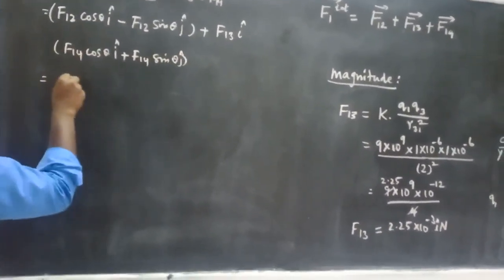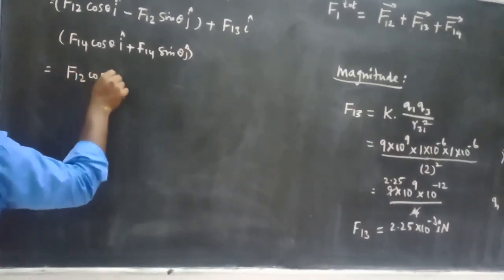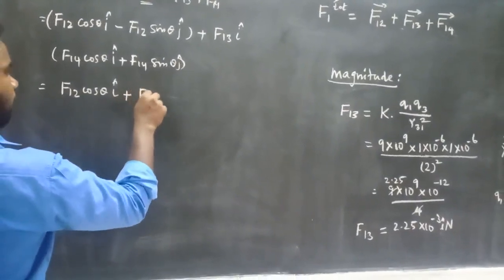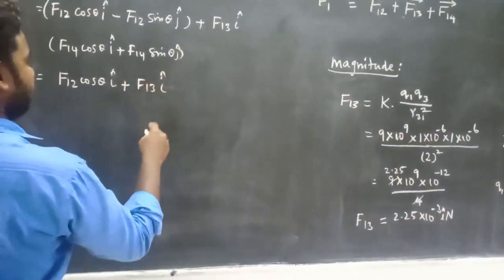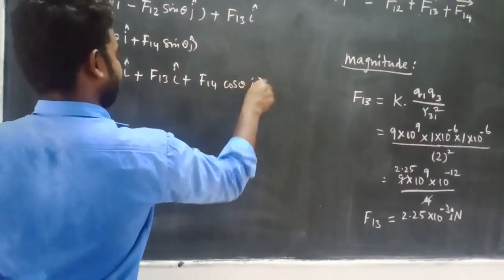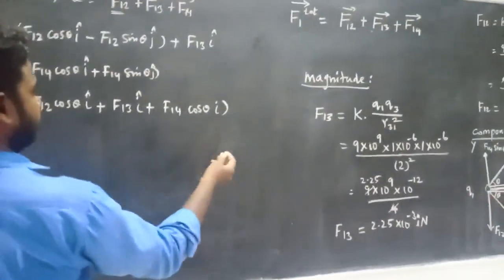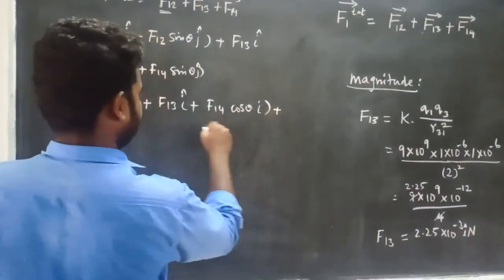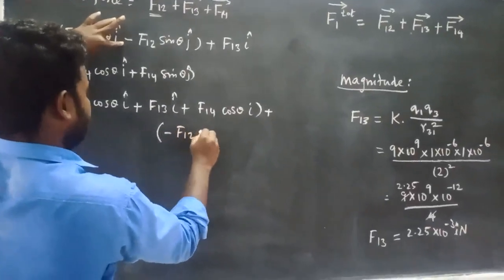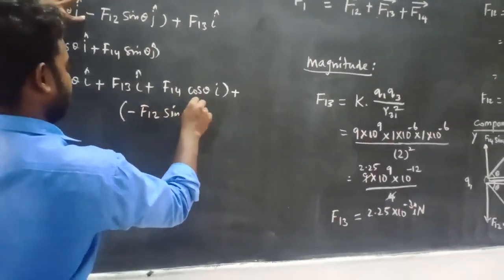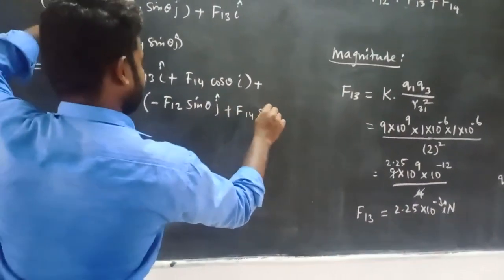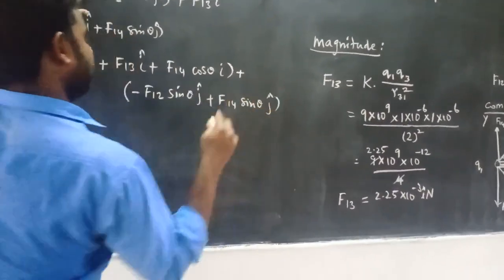We can write F12 cos theta i cap plus F13 i cap plus F14 cos theta i cap, then minus F12 sin theta j cap plus F14 sin theta j cap.